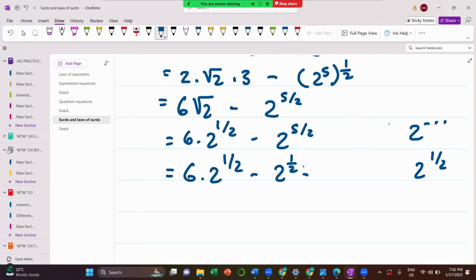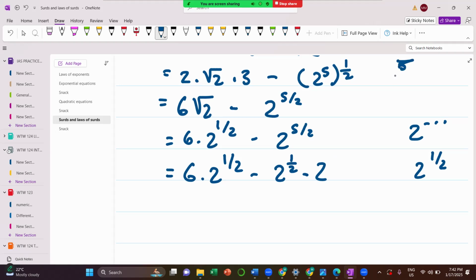For me to get 5 over 2, what number can I add to 1 over 2 so that I get 5 over 2? That's simple maths, guys.